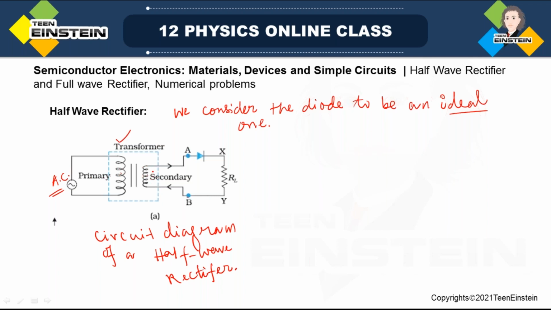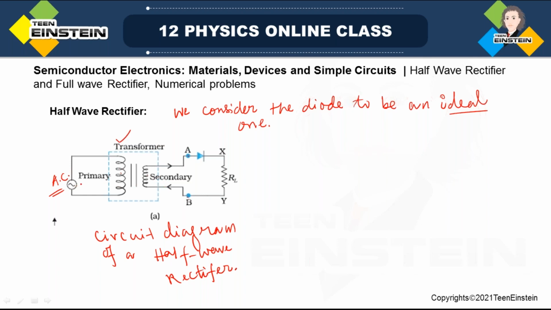But the peak value may vary according to your requirement. You can use the number of turns to get the induced voltage more or less than the primary voltage at the output terminals of the secondary. That is not our concern today. What is our concern is that the same AC signal is induced at the terminals A and B of the secondary.